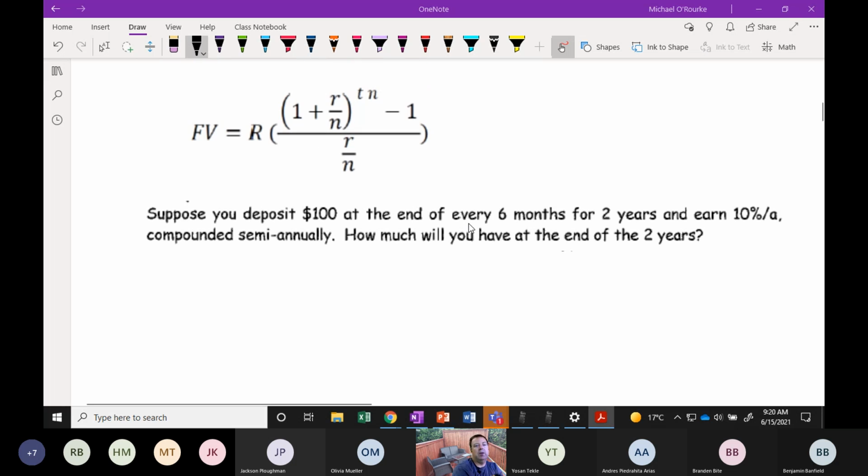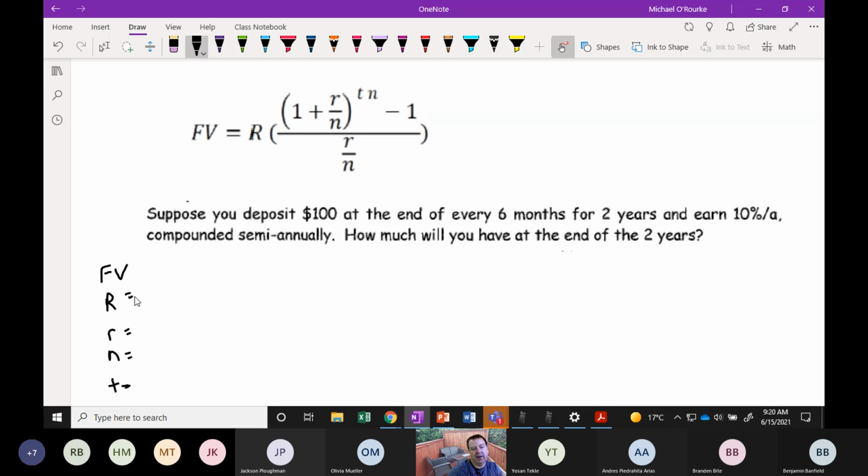Okay. So first thing I always do, let's figure out all my letters here. Okay, I have future value. I have regular payment. I have my rate. I have my compounding periods, and I have my time.